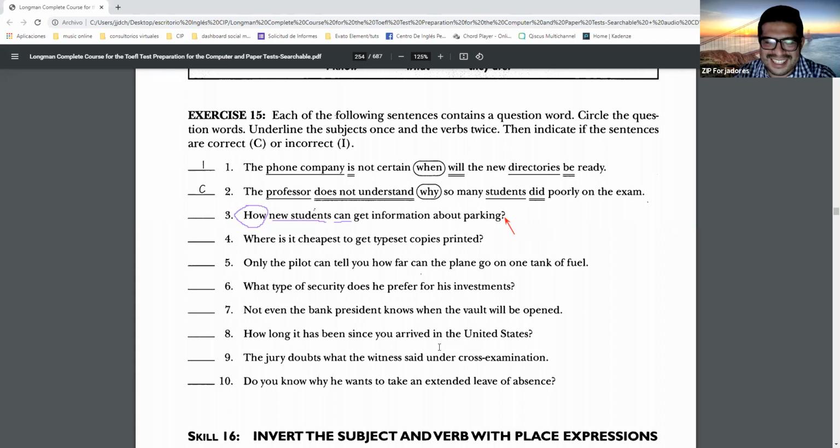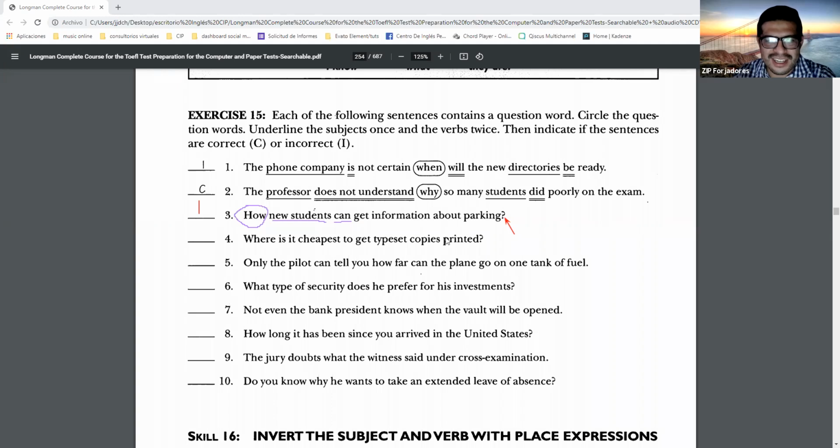And we have first the subject and then the verb, but we need to invert them, so it's incorrect. Very good, because we can say: how can new students get information? Excellent. That's the answer.